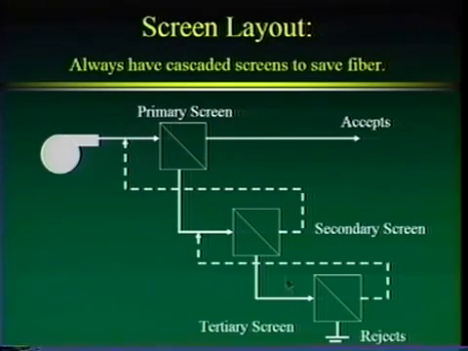screen. And so what we have here is we've got 20% rejects here, and then we have 20% of those 20% rejects here. So we're rejecting only, what is 20% of 20%? Let's just say about 5%?